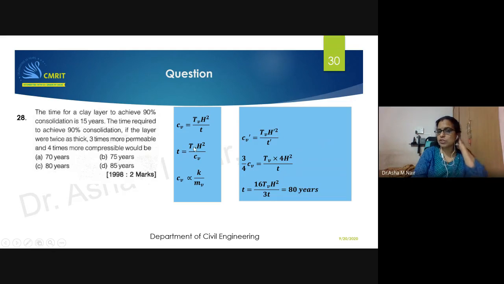So now what is going to happen? Cv dash is equal to Tv into H dash squared by T dash.